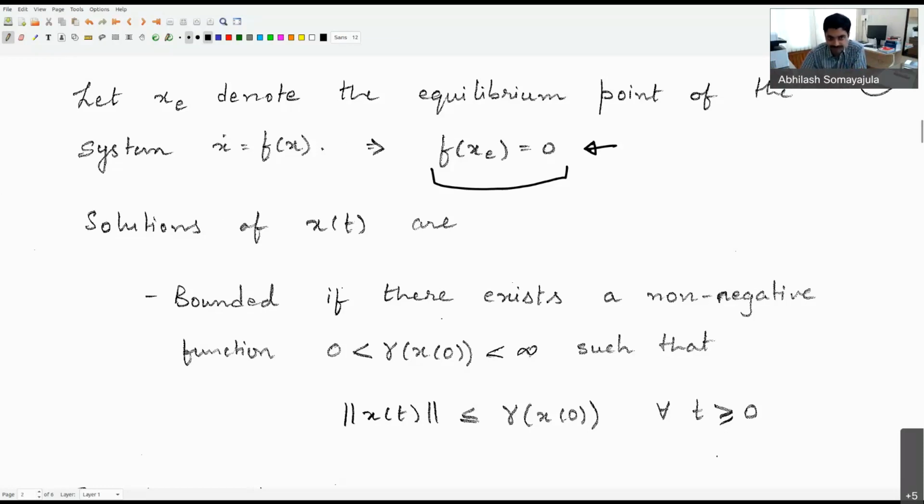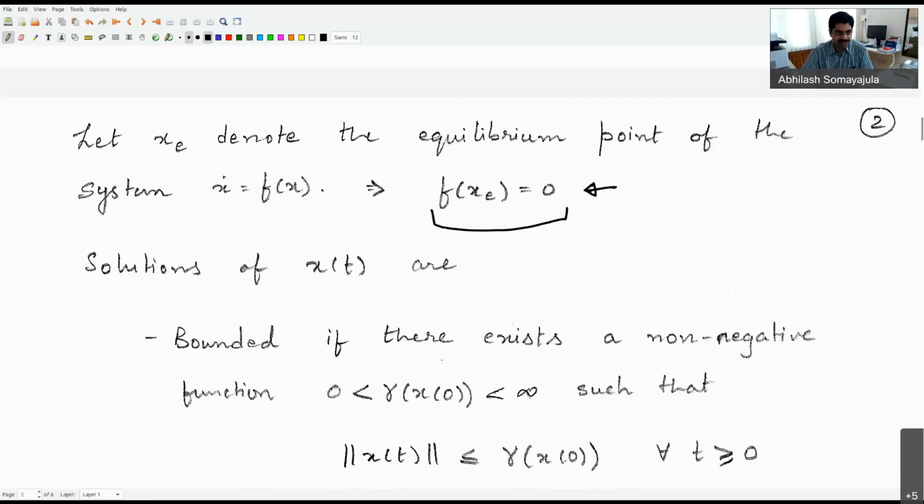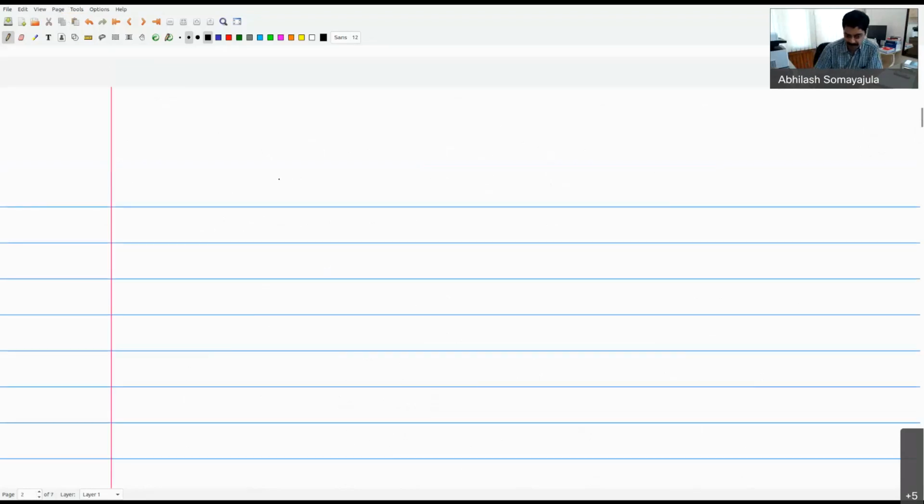All right. Just so we are able to appreciate this in a slightly better way, let's say I have a spring mass damper system. So this is the mass and this is the stiffness. Okay.